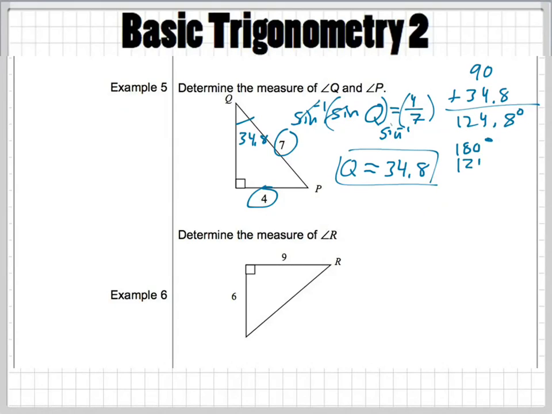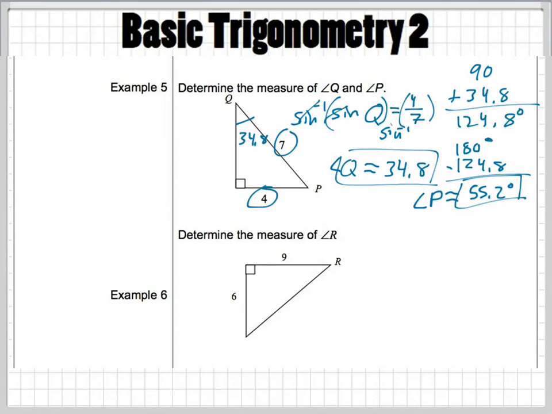You take 180 and subtract 124.8 to get your answer. You get 55.2 degrees. That is approximately P. Now I have to say approximately because I used an approximate number to find it.